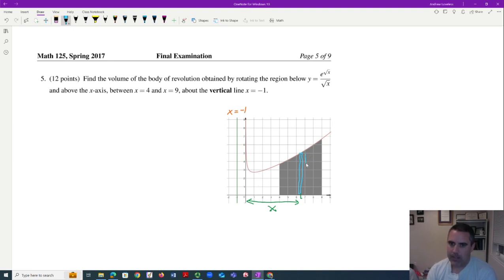The key thing is to label this length. And that's easy. That's what the function tells you. It's e to the square root of x over square root of x. The other thing we might want to label is how far we are from this axis of rotation. And that's where I would label this as a 1.